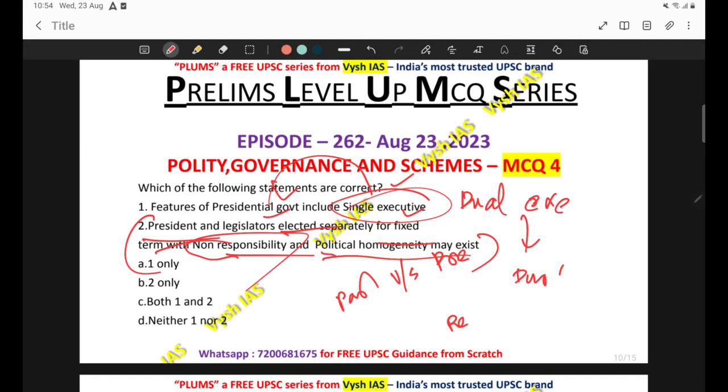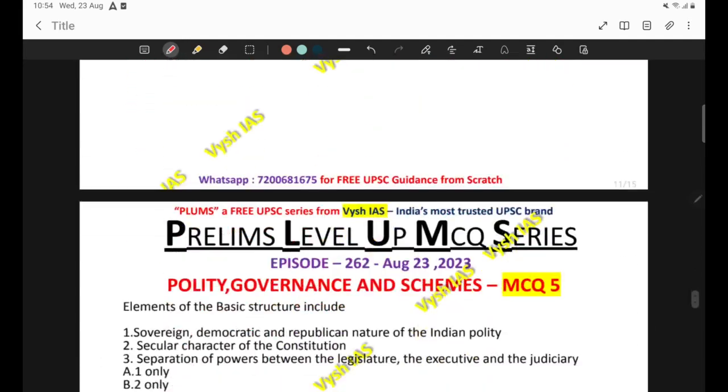Then political homogeneity, yes. We have wide representation in parliamentary form, whereas that does not exist in presidential form. The president and the legislatures are elected separately, whereas in parliamentary form a single election takes place, and from the whole Lok Sabha a government is formed. So both statements are correct, and both 1 and 2 is the answer.